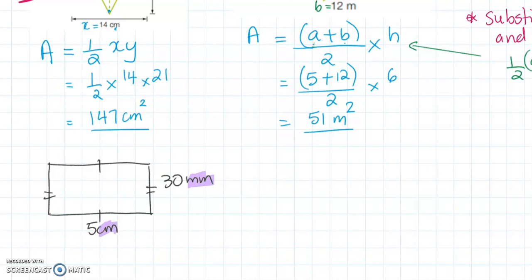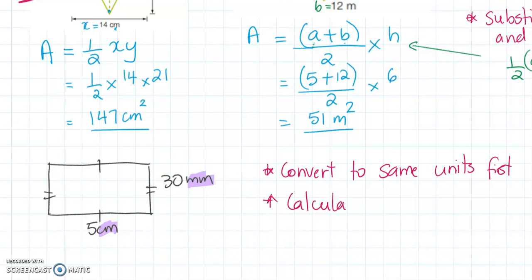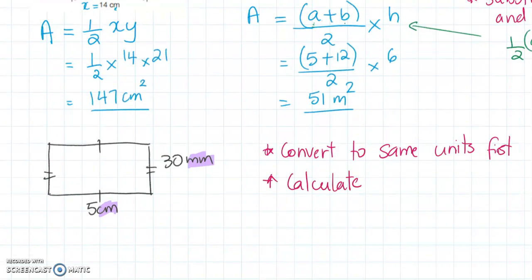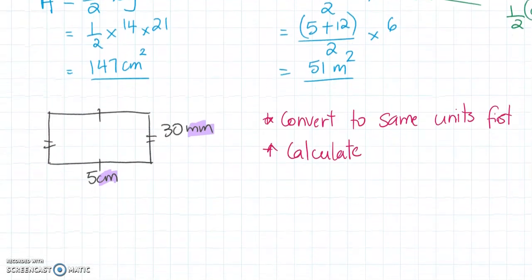The best thing to do, step one, is to convert to the same units. Always do that first. Convert to the same unit first, and then you calculate. You can either convert the 30 millimeters to centimeters or the 5 centimeters to millimeters. I'm going to convert the 30 millimeters to centimeters.